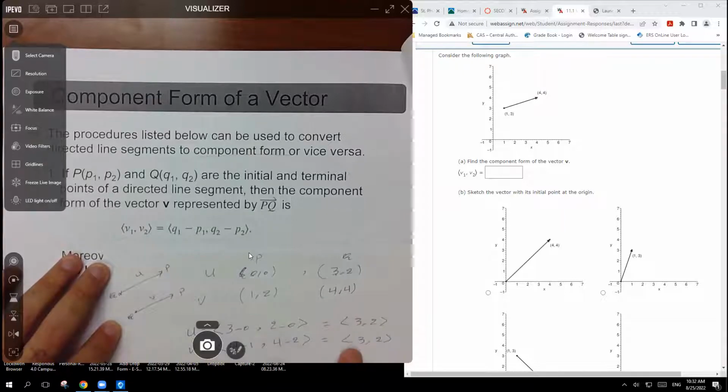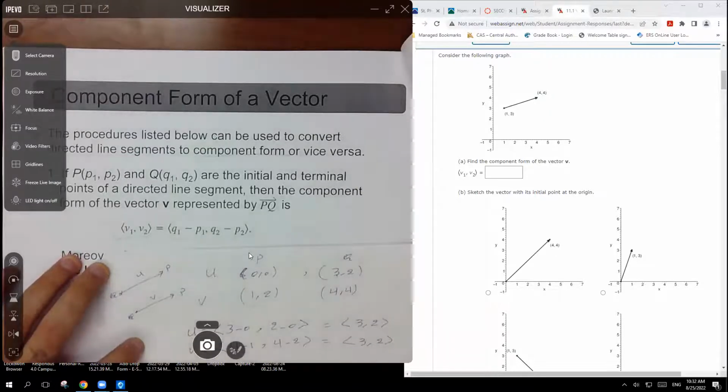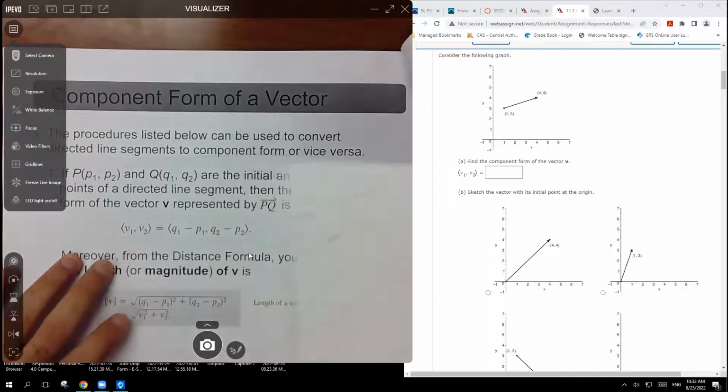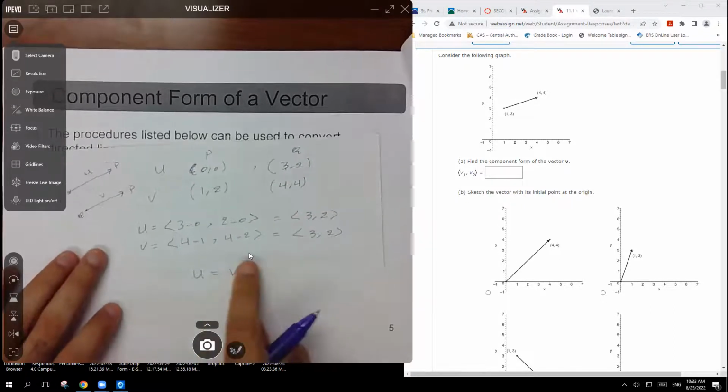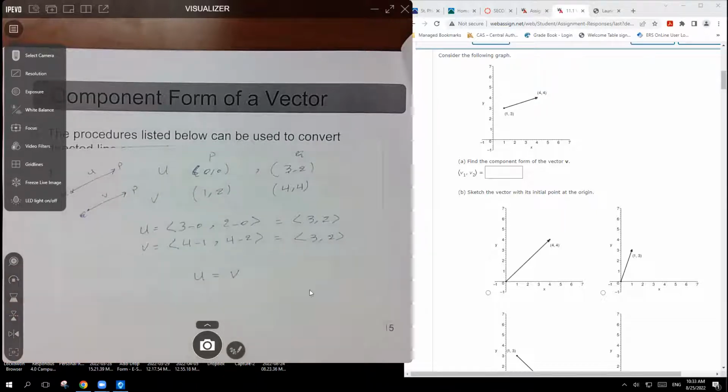These two vectors are equal or equivalent if the same components here equal the same components here. So U is going to be equal to V. You got it from this process?